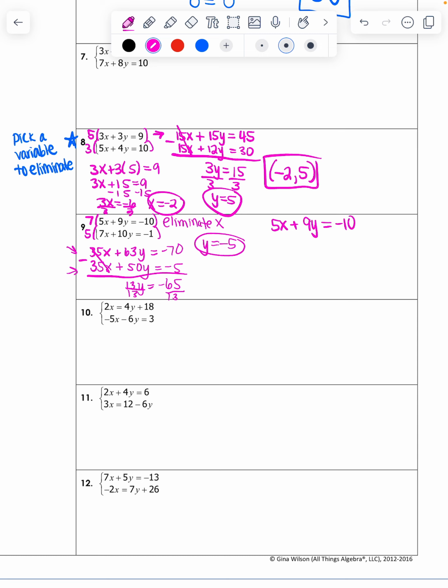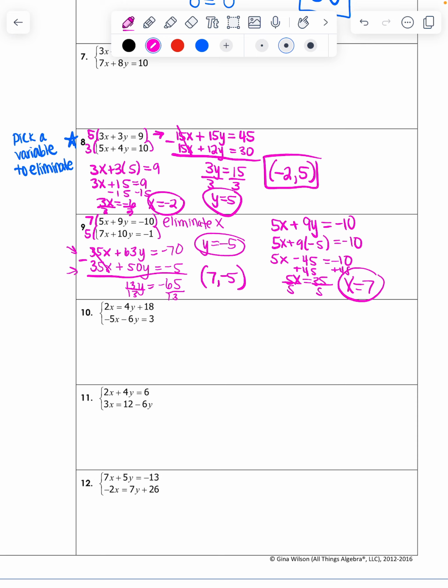We just found that y is equal to negative 5. Nine times negative 5 is negative 45. So when I solve this out, 5x equals, here's another 35 again, we get x equals 7. So altogether, we get 7 for x and negative 5 for y.